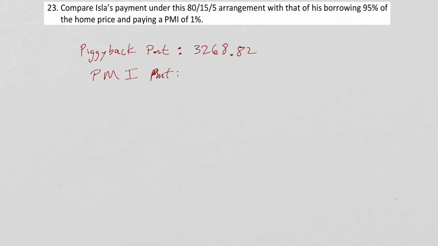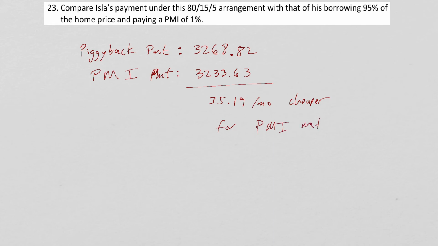This came out to $3,233.63. So we take the difference of those and we get just a small $35.19 per month. And the PMI method does look cheaper. So it's $35.19 per month cheaper for the PMI method in this particular case. Okay? But we'll see why that's still not a good deal for the PMI in just the next problem.